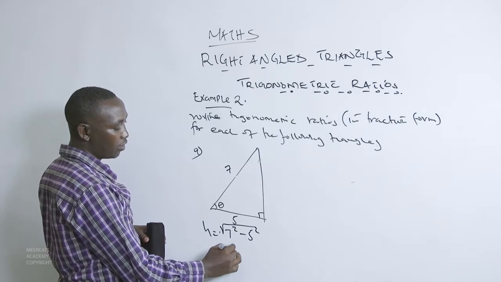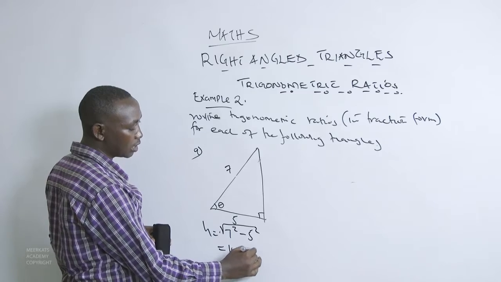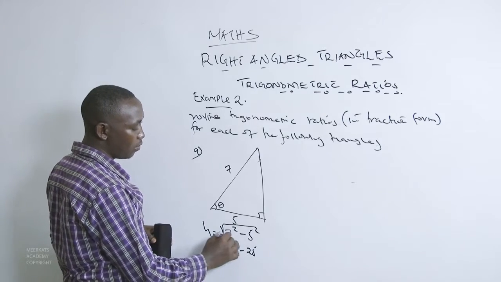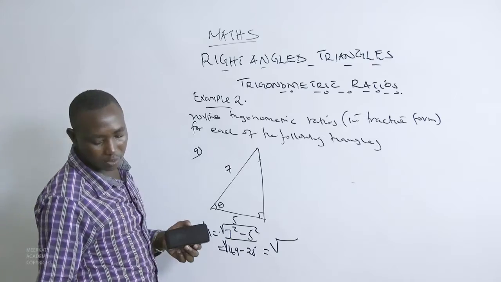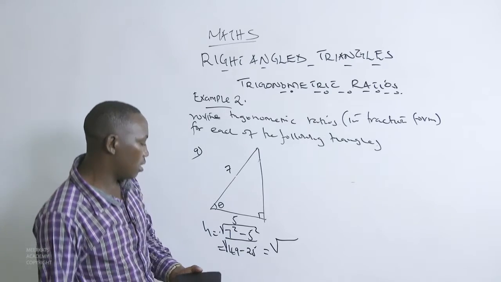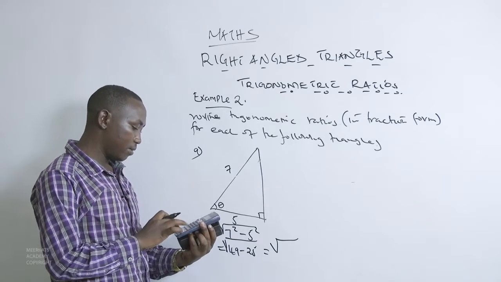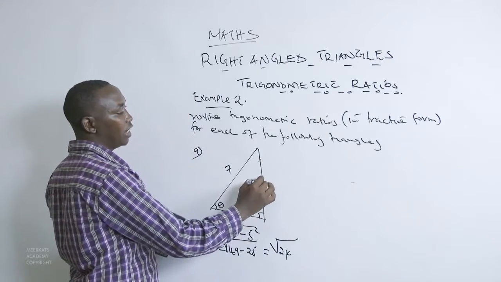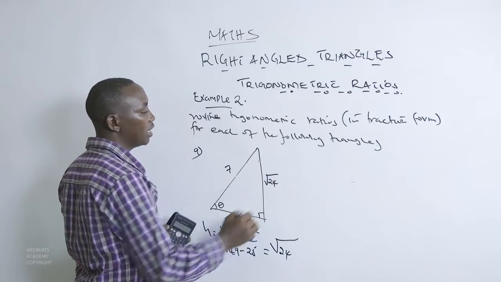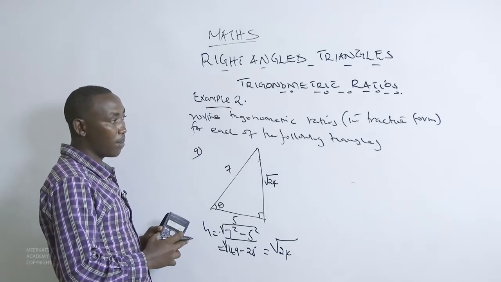This will be 49 subtract 25, we get the square root, and this will give us the square root of 24. We can leave it in surd form, that is the root of 24.